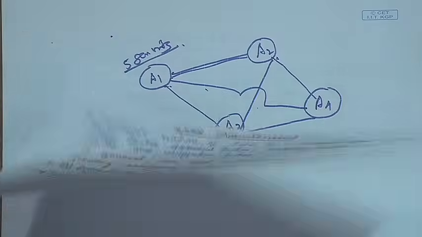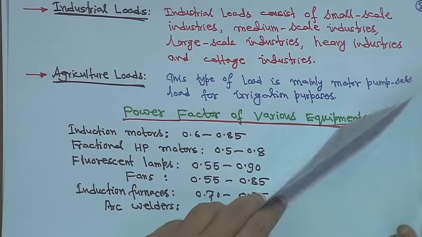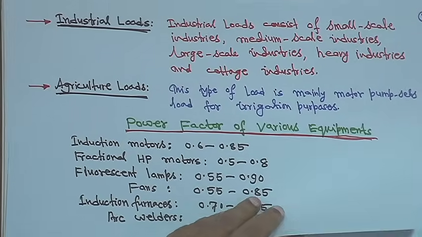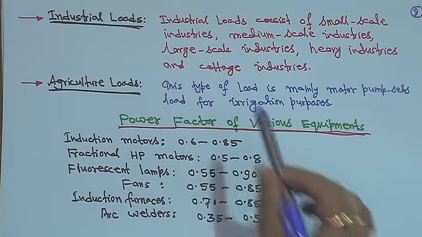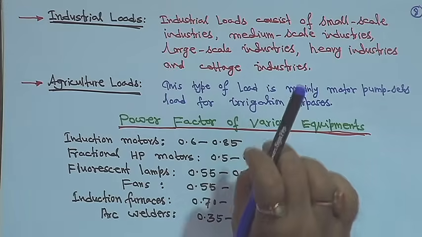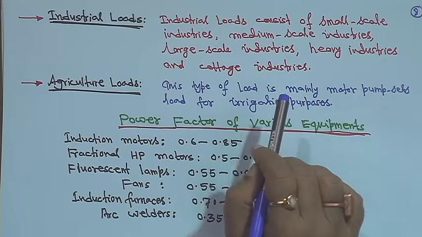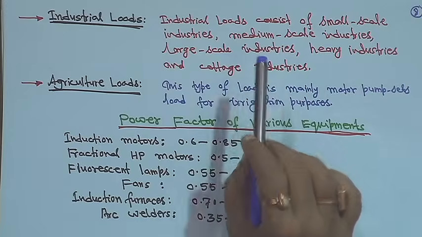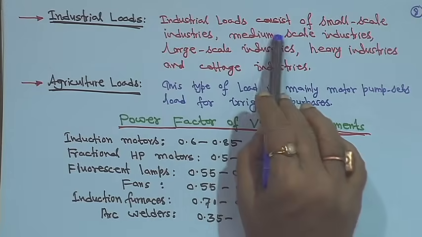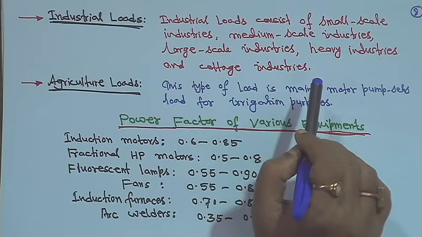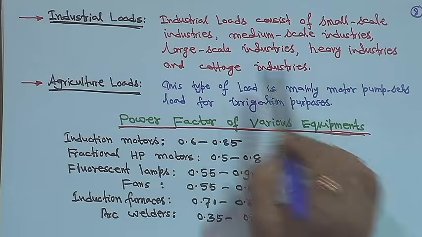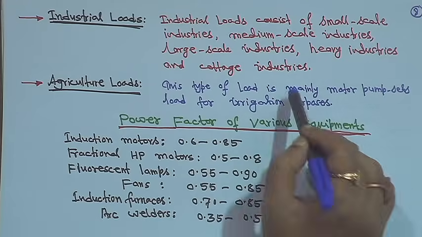Next are industrial loads. When talking about the power system, I told you that industry, particularly large industry, takes power at a very high voltage level. Industrial loads consist of small scale, medium scale, large scale and heavy industries and cottage industries.